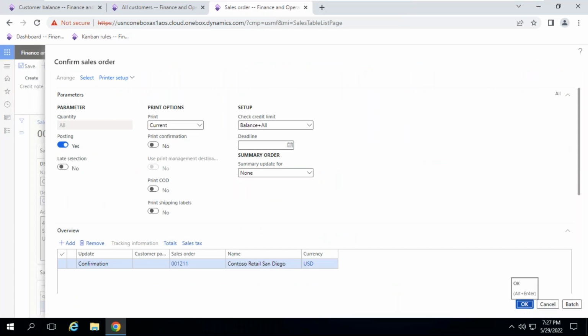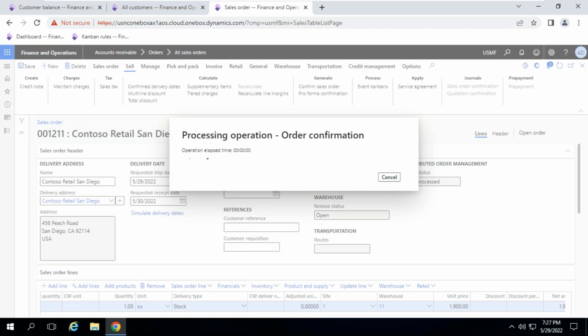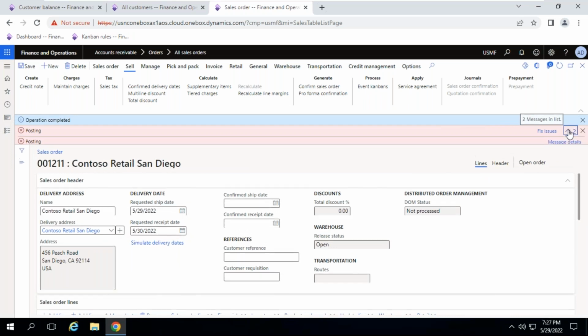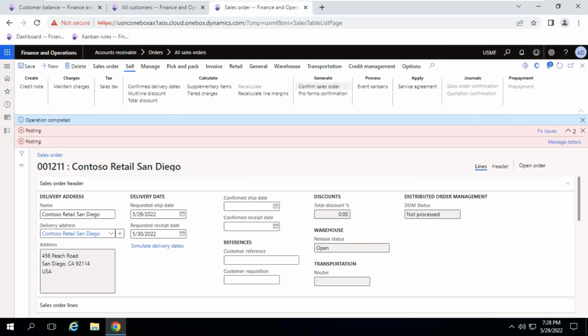Click OK. So a pop-up message: order has been sent to credit management. You cannot proceed. What happens?